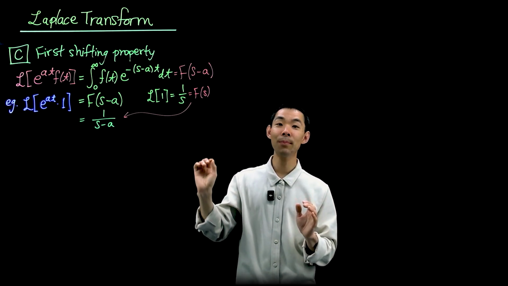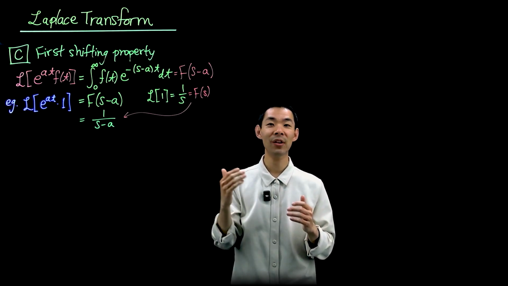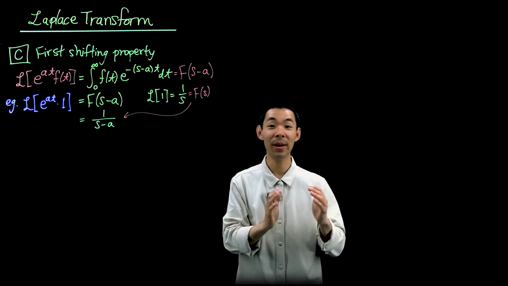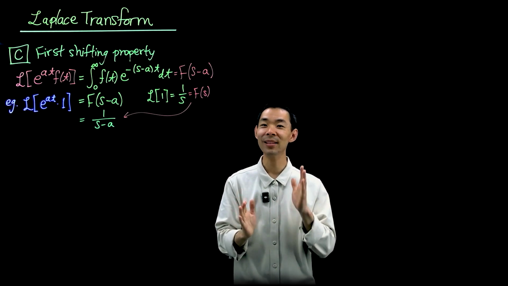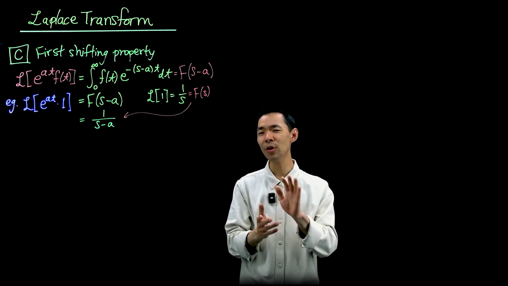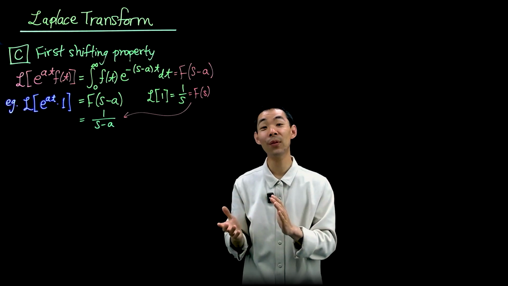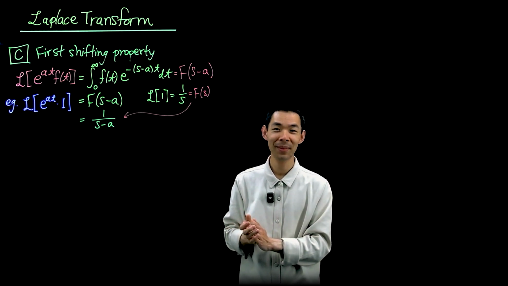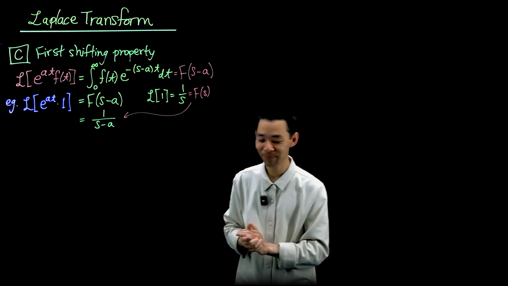So the shifting property is extremely easy if you already know what the Laplace transform is, and you just build on top of that by shifting by a factor of a. That's it. That's the first shifting property. And I'll show you how this is useful in science and engineering and also useful for solving differential equations in a bit. But for now, let's move on to the second shifting property.